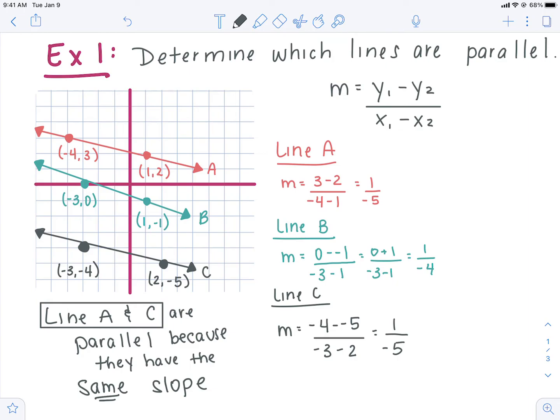So line A and line C are parallel lines because they have the same slope.